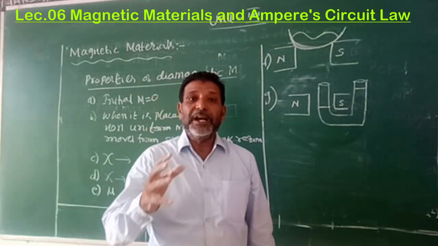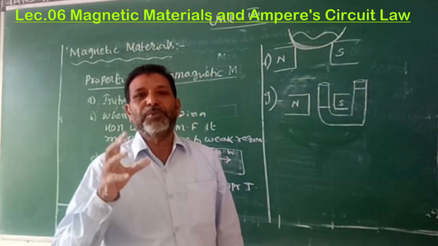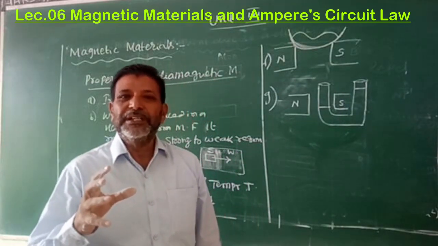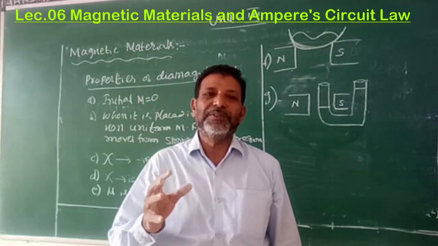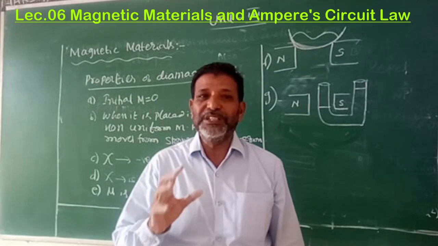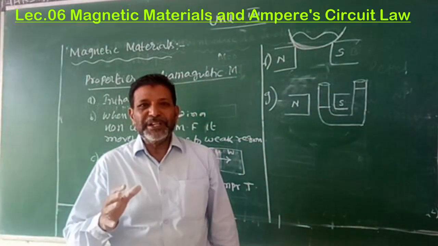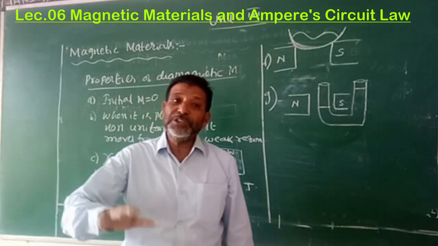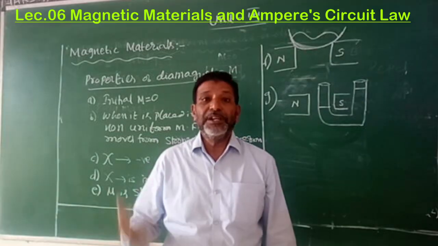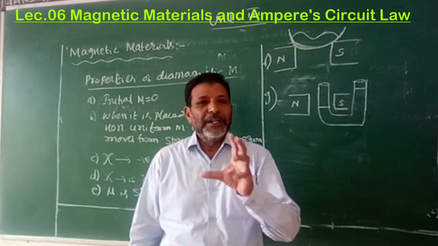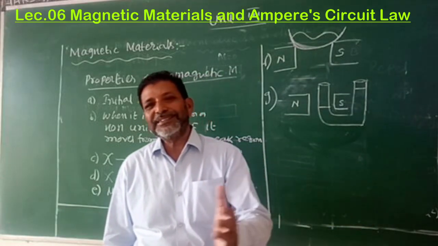Already I have made it clear that if you know the properties of the diamagnetic materials, then very easily you can remember the properties of the paramagnetic materials. The properties of the paramagnetic materials are almost opposite to those of the diamagnetic material, because from the definition itself, we have discussed that diamagnetic material gets repelled, paramagnetic material gets attracted.